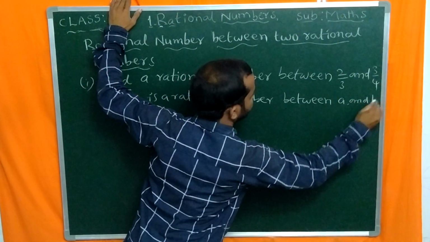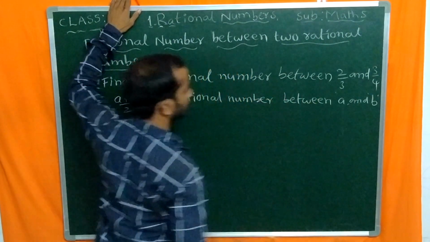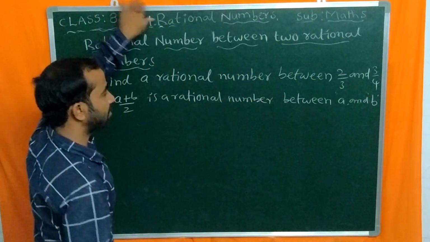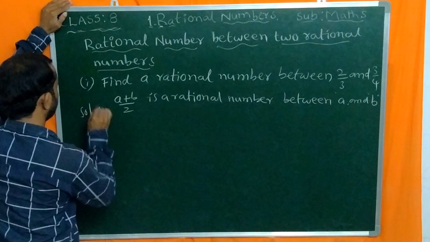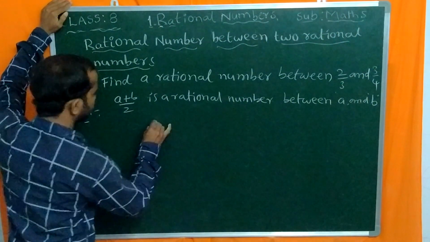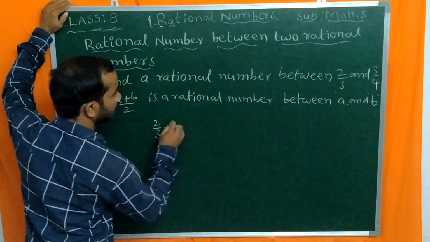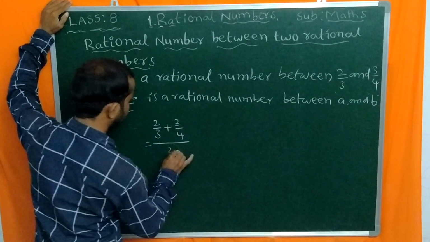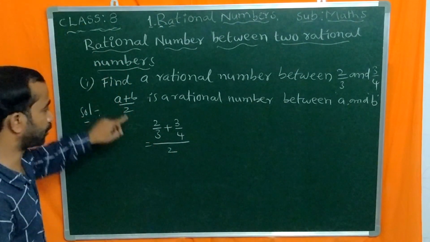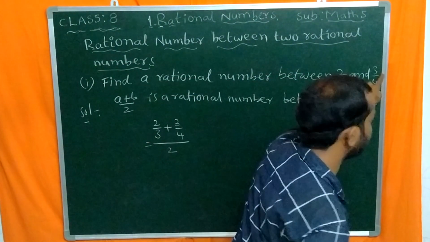Same process: (2/3 + 3/4)/2 is a rational number between 2/3 and 3/4.